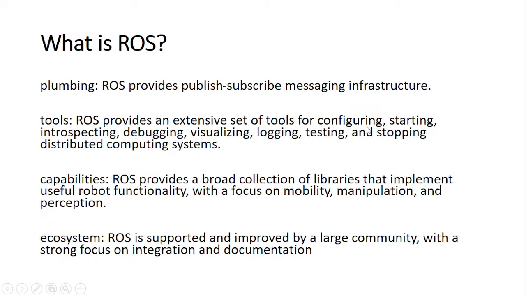These are different steps and things that we need to use in the development of any kind of robotic system. For example, in ROS, first you need to configure the robot. Whatever type of robot you are using, whether it is a SLAM robot or a manipulator, you need to configure the robot initially.